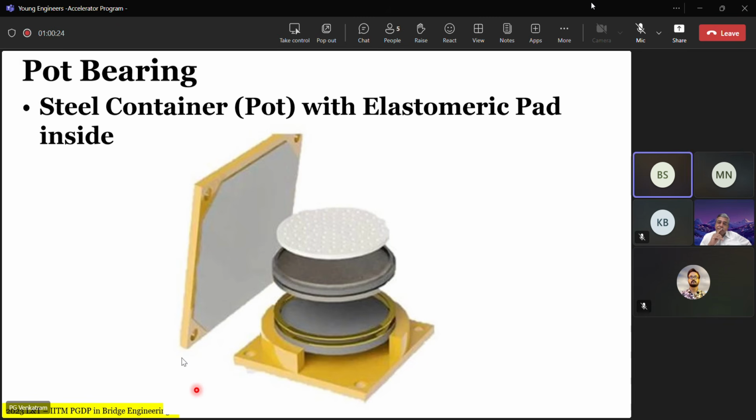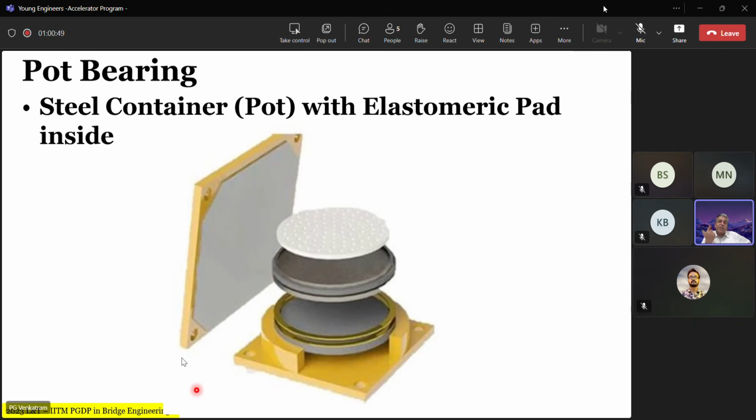Sir, in the elastomeric bearings, there are reinforcing plates. Okay. In this there is none. But what difference does it make to the structural behavior? Or is there no difference at all? Both are the same. That is a different matter.